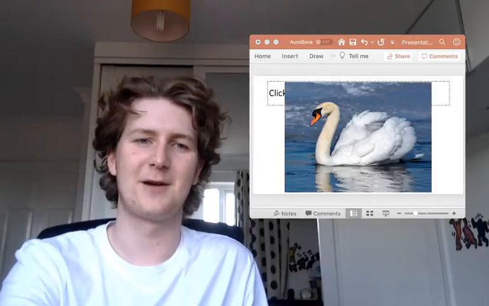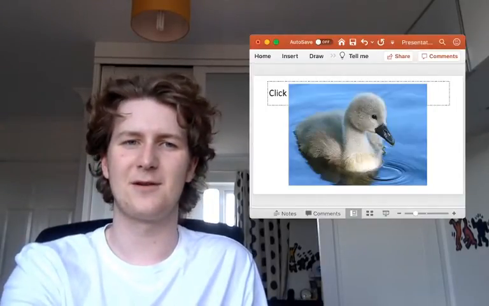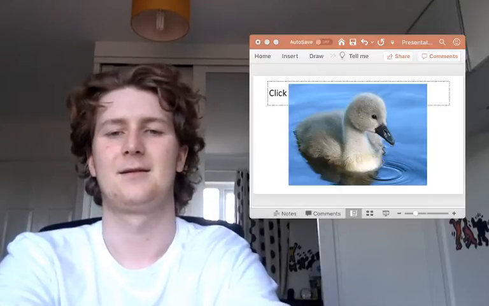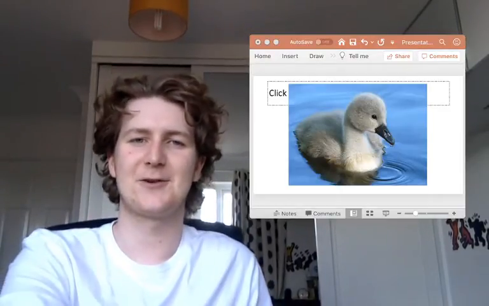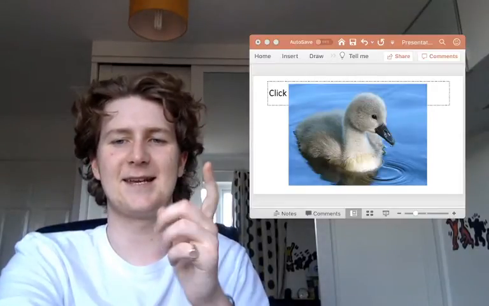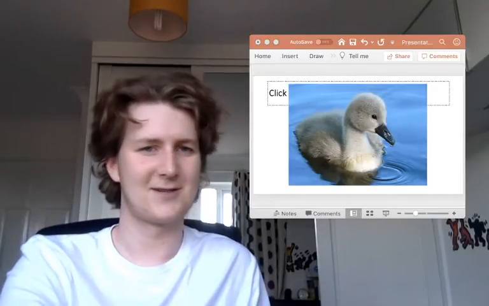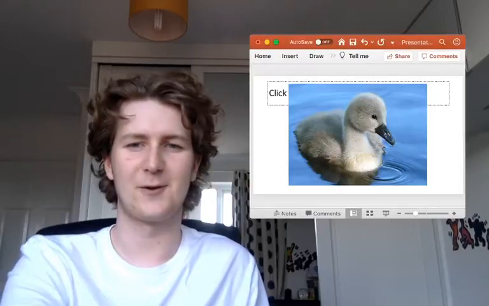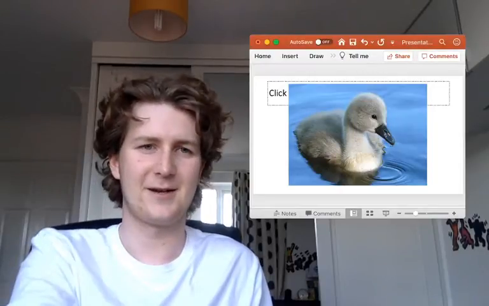So I'll put a picture of a baby swan and give you a second to guess, but I'm not sure any of you get it. The baby swan is called a cygnet. Okay, which is a bit of a rogue one, but there we are. Okay, moving on to the next one.